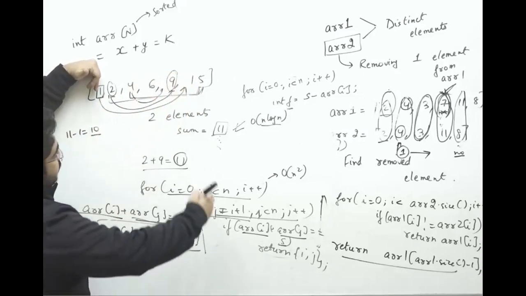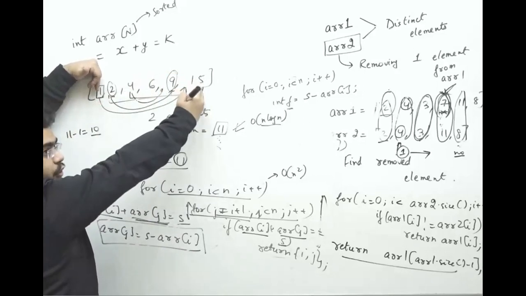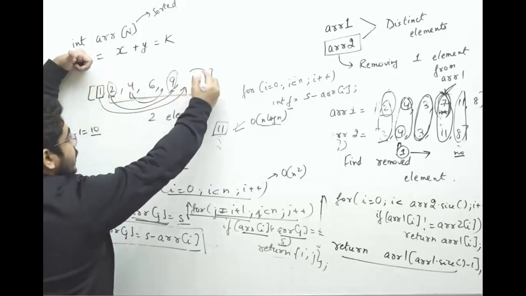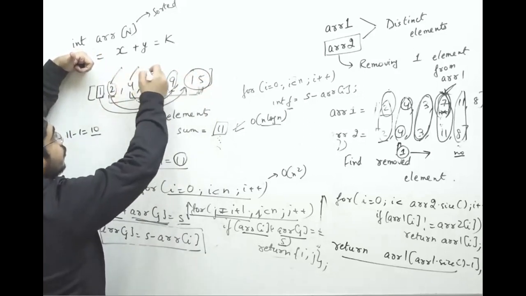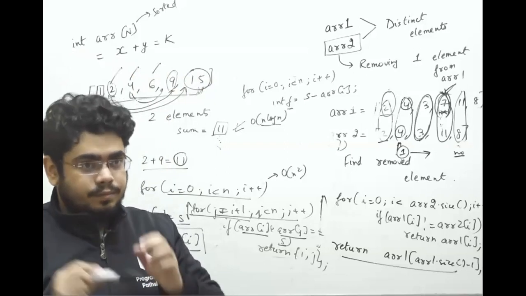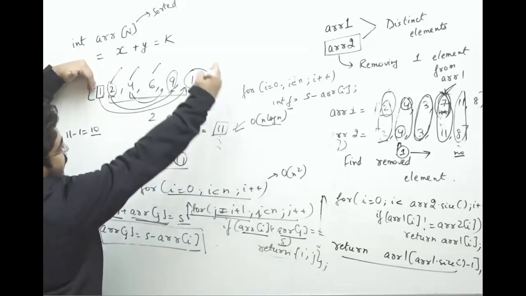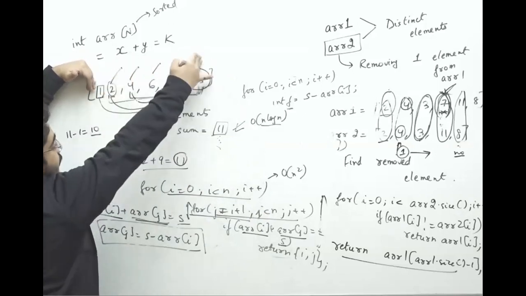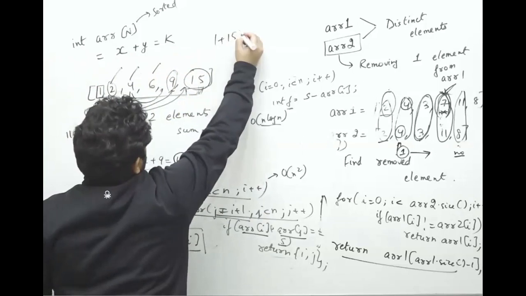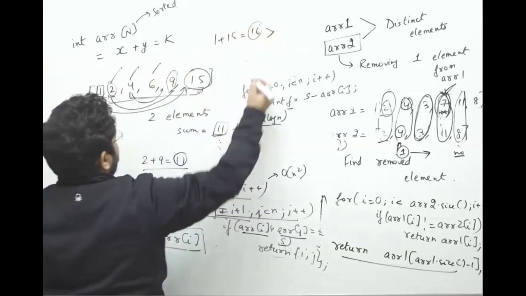For example, with 1, I might try this 15. 15 plus 1 is 16, which is already more than what I wanted to find.